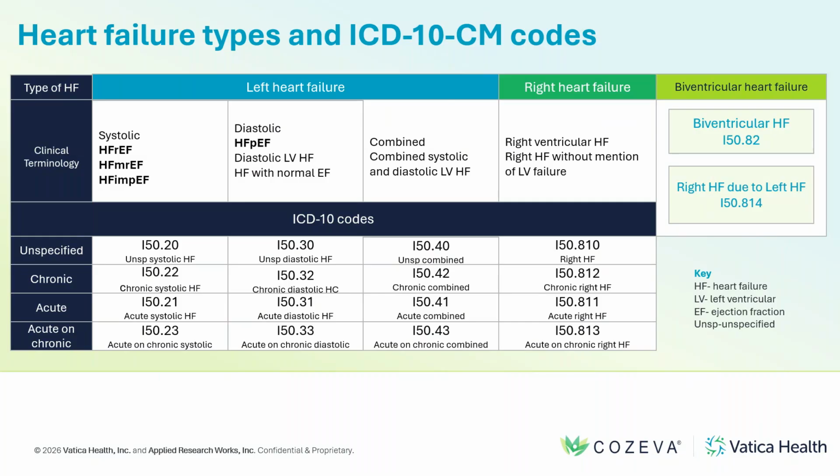But to answer your question, how long ago the echo needs to be is a clinical decision making issue. It's not a risk adjustment defined criteria. At least 5 years, yes.